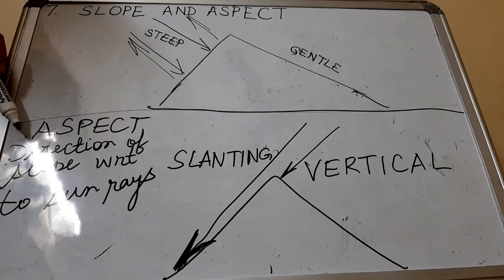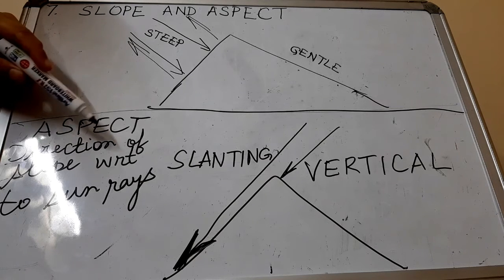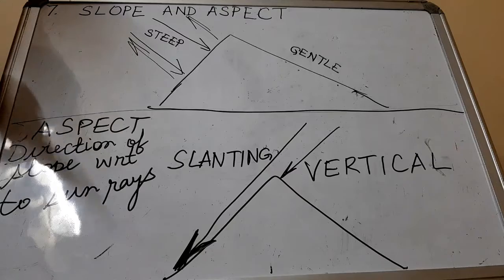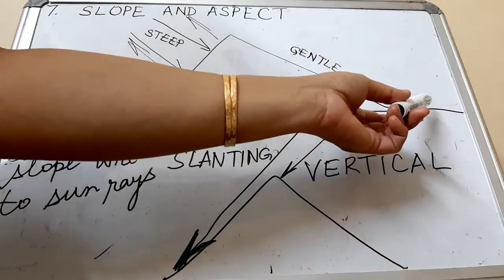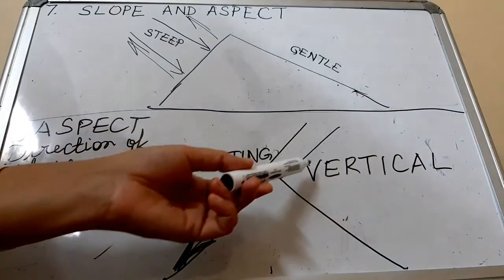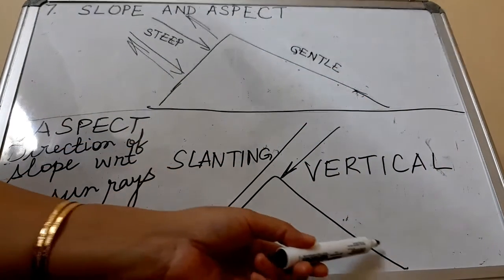Moving on to the next topic, that is aspect. Now what is aspect? Aspect refers to the direction of slope with respect to sun rays. Consider a hill. Let's say this is a hill and sun rays are falling vertically on this slope.